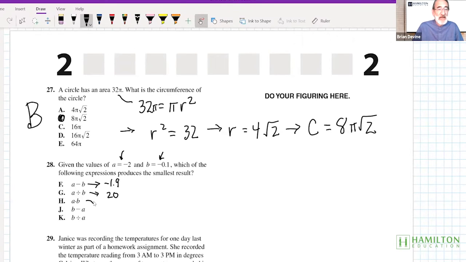If I took A times B, I'd get positive 0.2. B minus A would be positive 1.9. B divided by A would be positive 0.5. The farthest left on the number line would be the least, so F is the farthest left. It's the most negative value. It's the only negative value there.